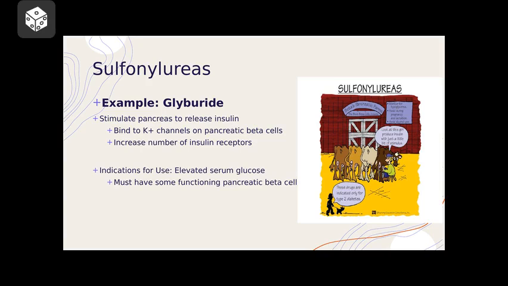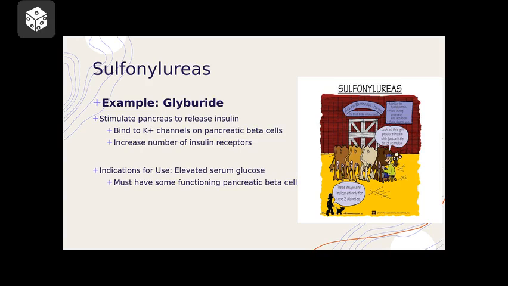The first oral anti-diabetic we're going to talk about is sulfonylurea. Our example drug is going to be glyburide. Glyburide works to stimulate the pancreas to release insulin, and it helps to increase the number of insulin receptors. Remember, in type 2 diabetes we've got some insulin resistance; those insulin receptors just don't really pay attention to the insulin.